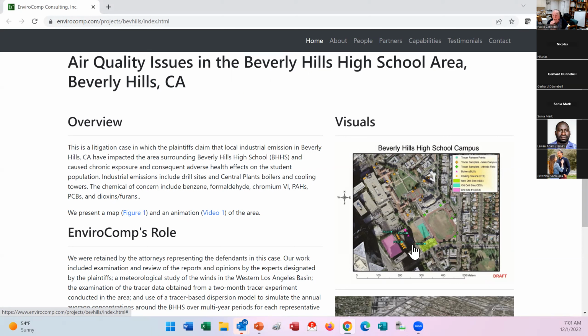We are talking about a lifetime exposure. So for each person, we have to reconstruct the lifetime and the lifestyle. What did they do?